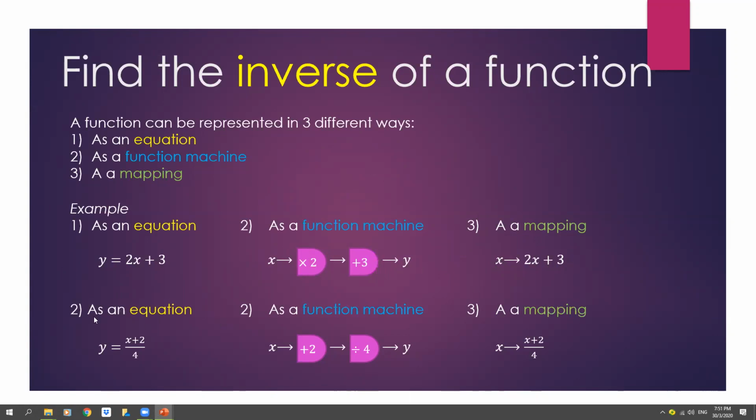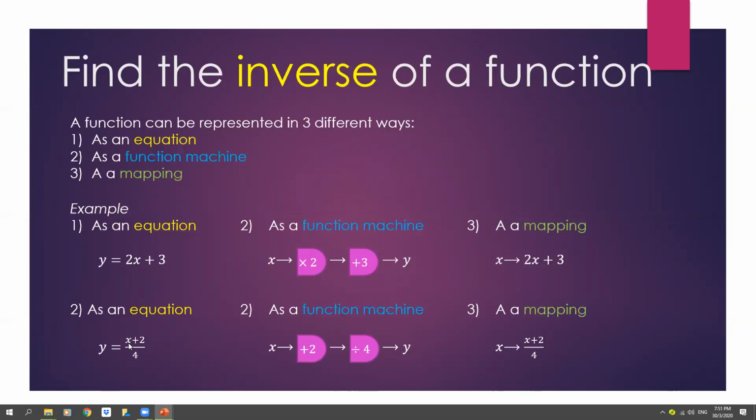Okay, let's see another example. Now it is y equal to x plus 2, then divide by 4. In this case, x has to plus 2 first, then you divide that answer by 4, and only then do you get y.